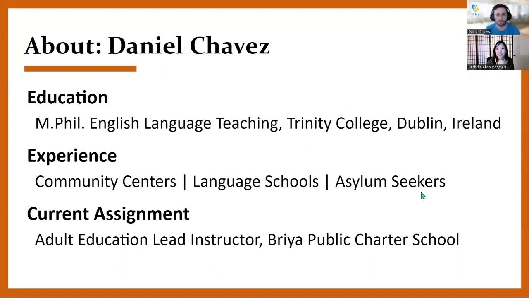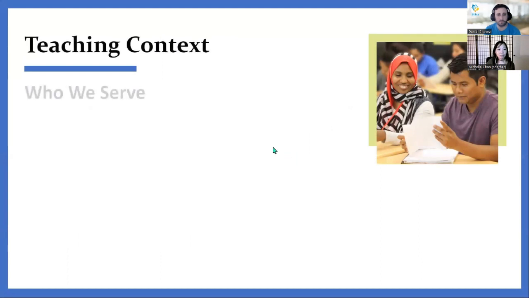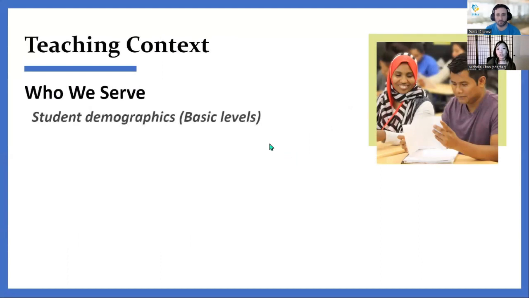All right. So in terms of our teaching context, who we serve, our student demographic, we both taught basic level English this past year. Our program runs from low literacy to basic to intermediate to advanced.